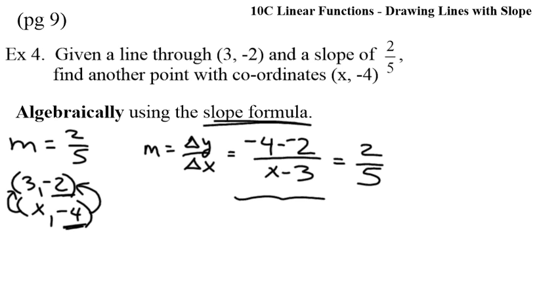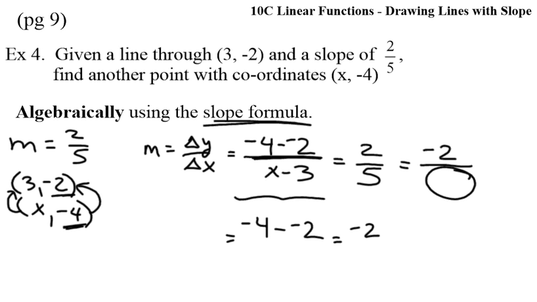So, when we do this though, this one's not going to work out quite as nice this way. Because -4 minus -2 equals -2, so this calculation up top equals -2. Well, what would my bottom calculation have to be so that I end up with a slope of 2 over 5?